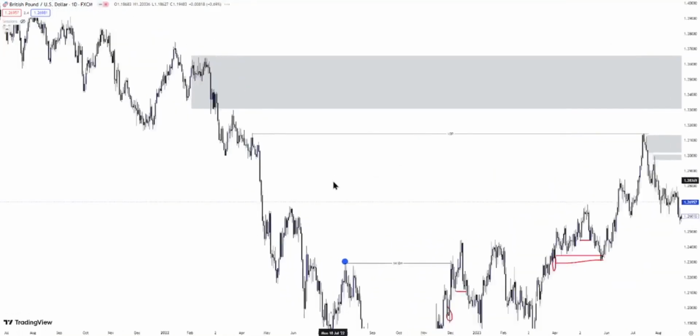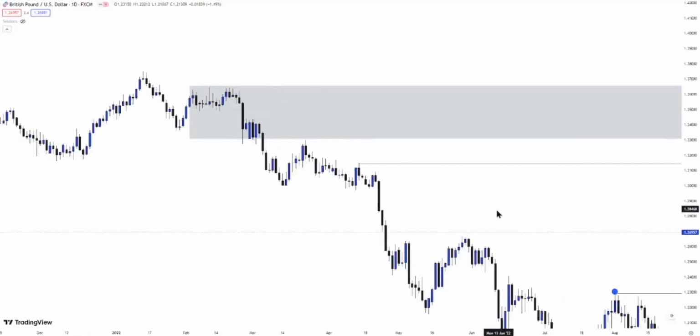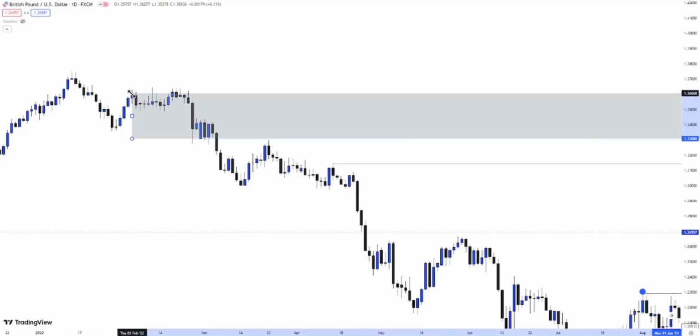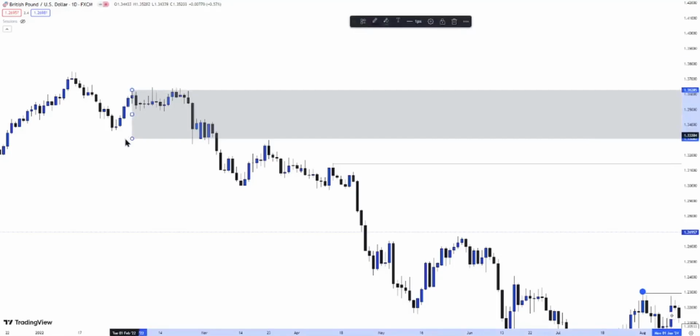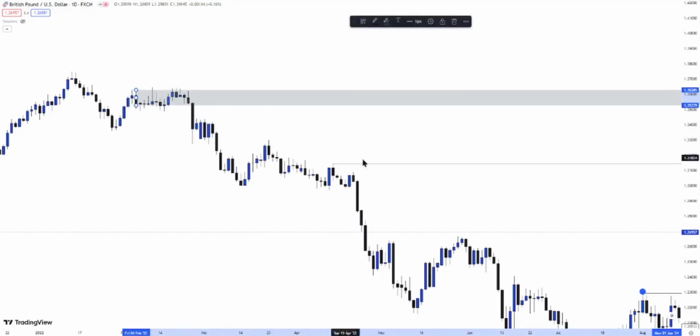Now, you can refine this monthly point of interest. Look at it. Here, you have this OB. It took out the previous candle's high, and after that, price closed below it. So you can refine your OB to this OB here. Simple, guys.